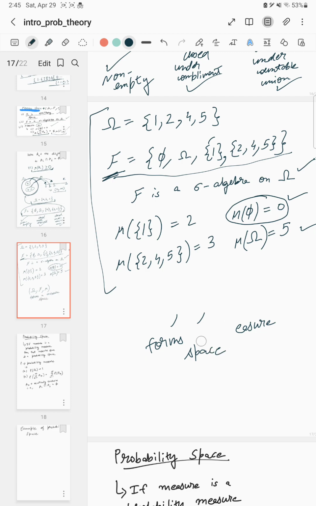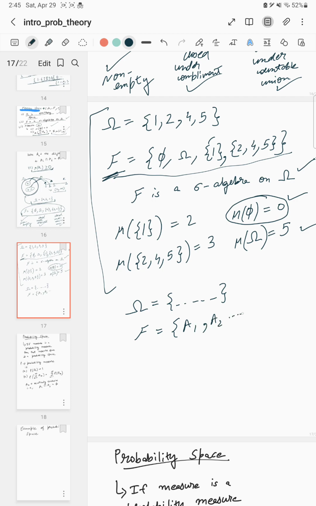Now I would like to point out one more property of a measure space, that it is monotone in nature. So what is monotone? So monotone is something like this. Let's say I have some arbitrary sample space omega, and I have a sigma algebra F which contains sets A1, A2 till An.